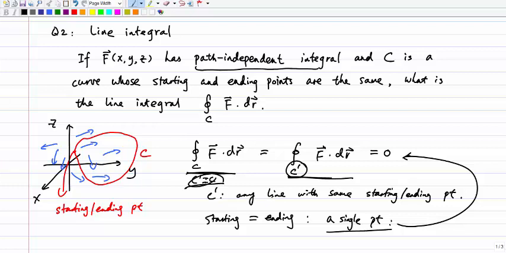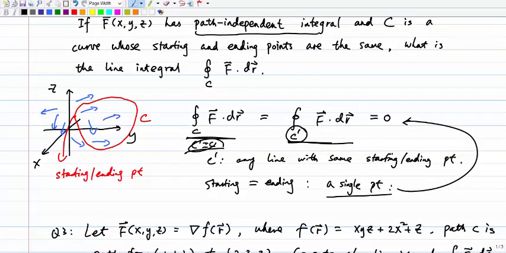Since the starting and ending points are the same for a closed curve, a simple way is to let the starting and ending point be the same point.